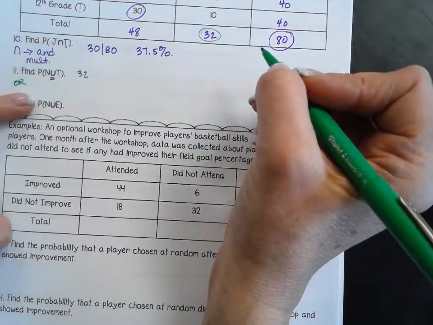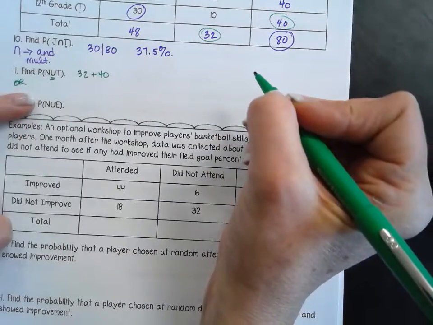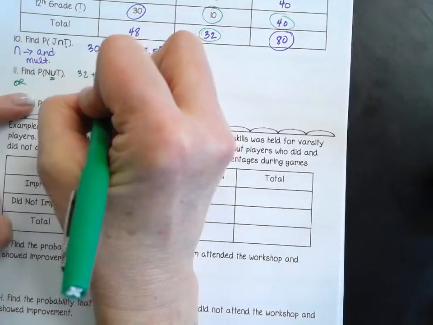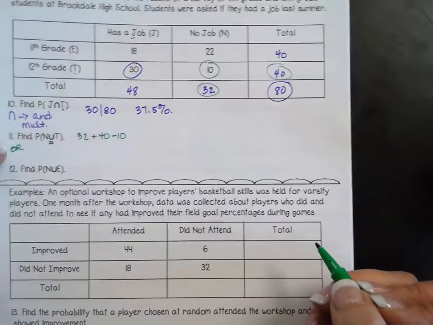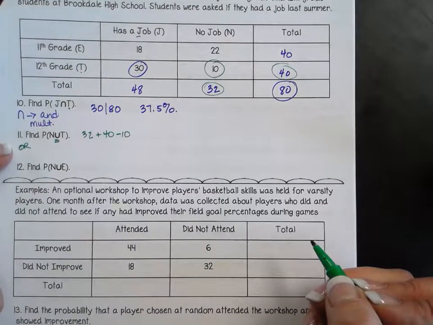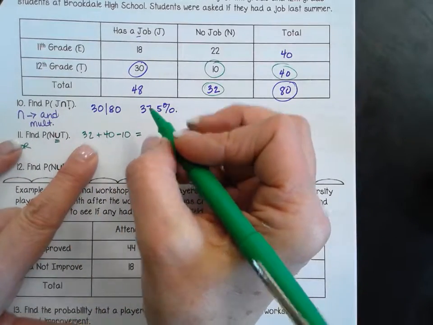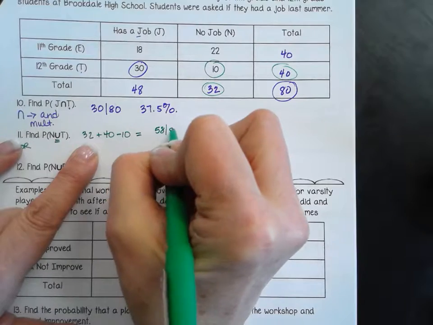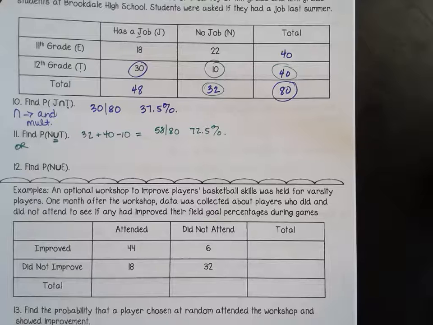I have 40 total seniors, and I have 10 that overlap. Oops, I guess it helped if I showed you the whole page, right? Does that make sense to you? So that gives me 58 out of 80, which is 72.5%. Does that make sense?